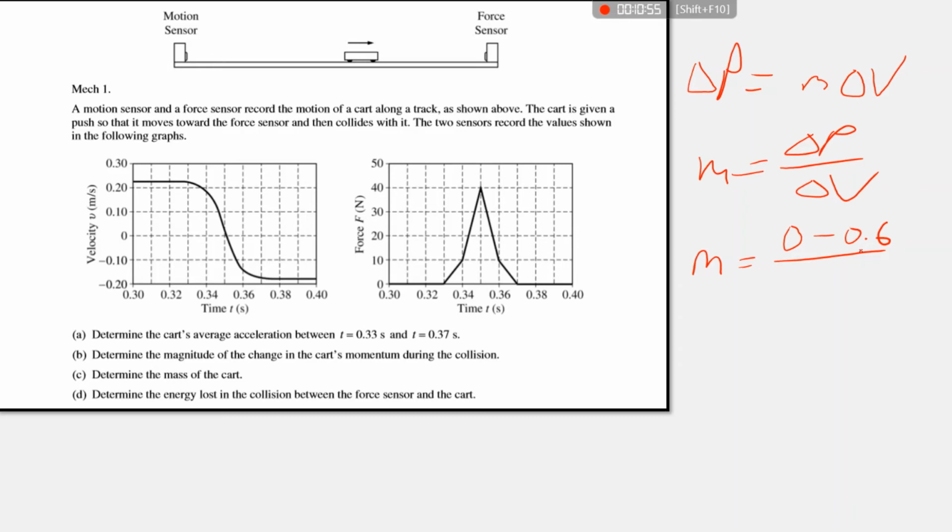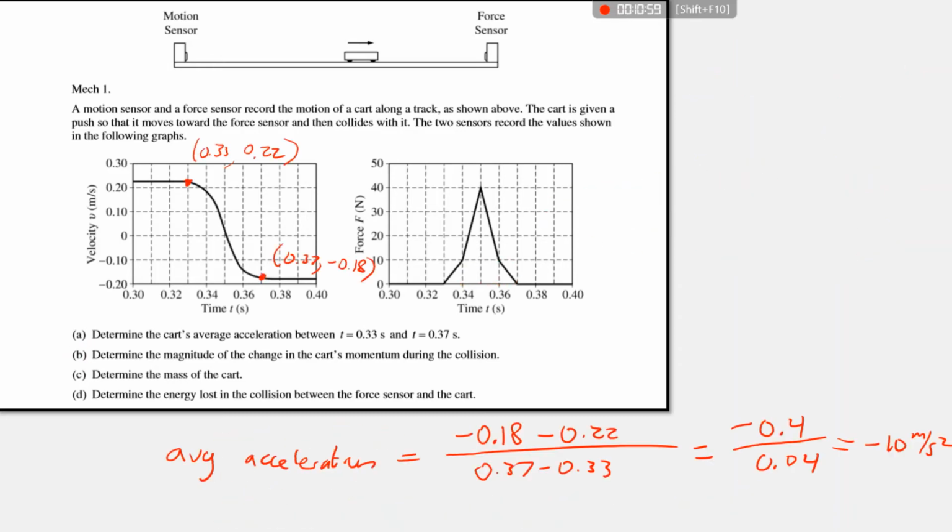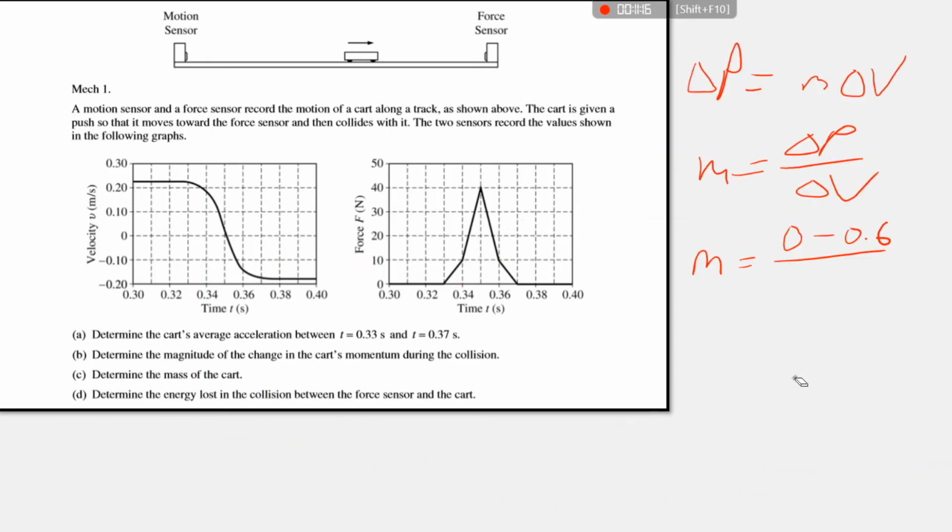And then our change in velocity, we changed from a velocity of 0.22 to a velocity of negative 0.18, a change of negative 0.4, we said.